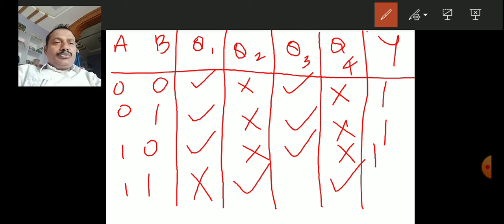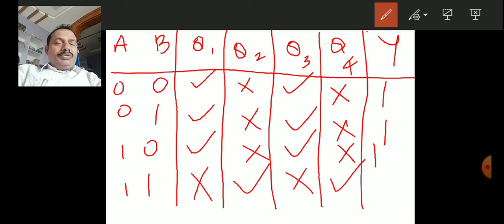And what happens to Q3? Because Q2 is conducting, Q3 does not receive a sufficient amount of base current because its base emitter voltage is very less, hence it is driven into off condition.